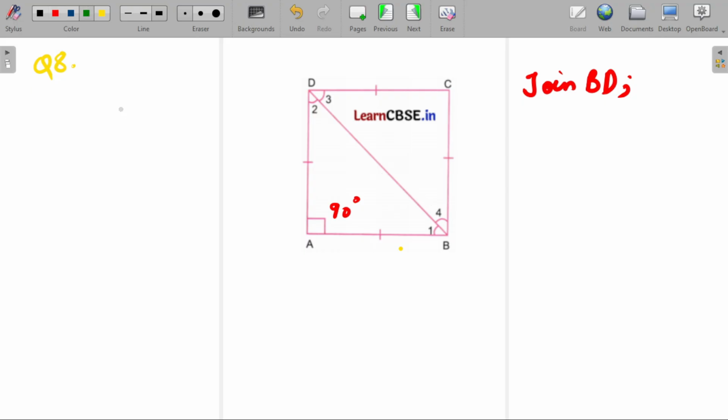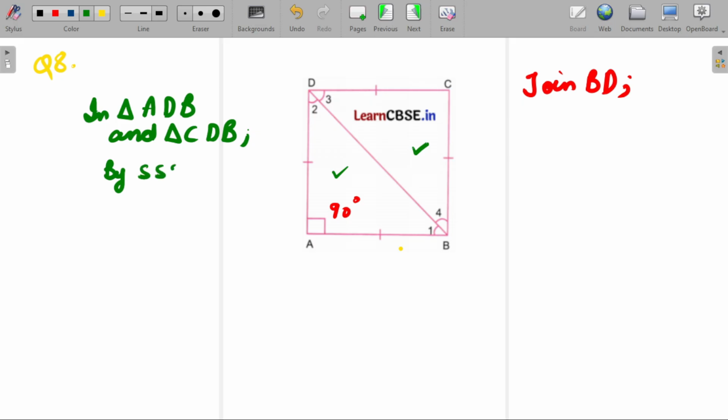We'll choose the triangles, triangle ADB and triangle CDB. Can you see these triangles? ADB and CDB. In both the triangles, by SSS criterion, you will figure out why I have applied SSS criterion here.